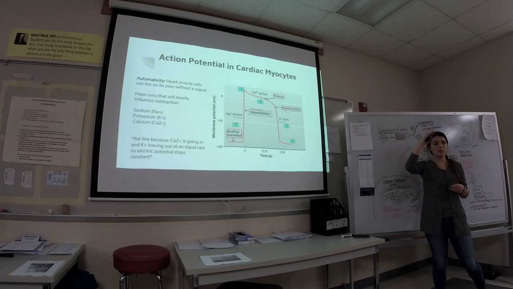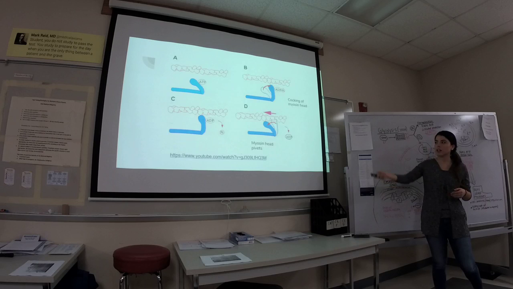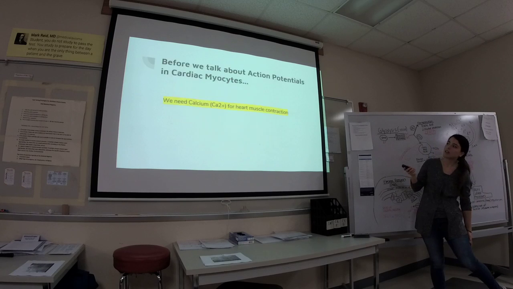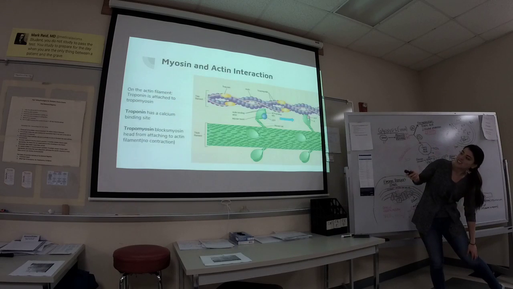And when it comes back down, that is repolarization. When it becomes too negative, like in nerve cells, that's hyperpolarization. And then this is just polarization. So: polarization, depolarization, repolarization, hyperpolarization. Any questions about any of this?